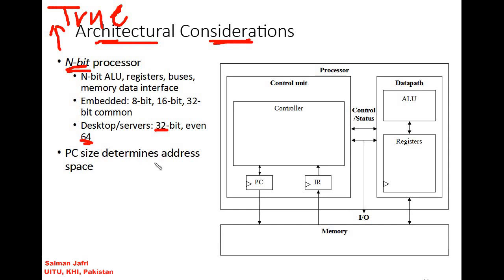So the program counter size determines address space. If you want to have more registers, if you want to make more complex systems, we must have a large program counter size. So in general we can say that this n-bit processor terminology is related mostly to performance.